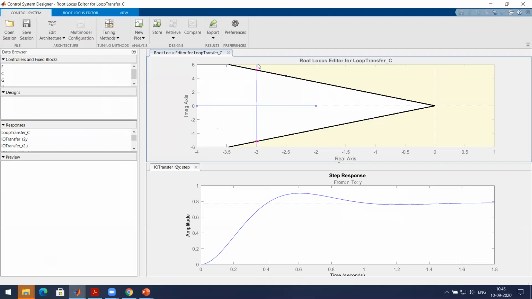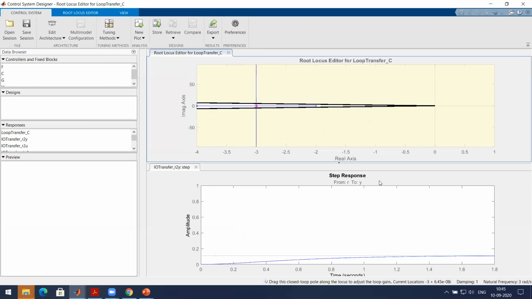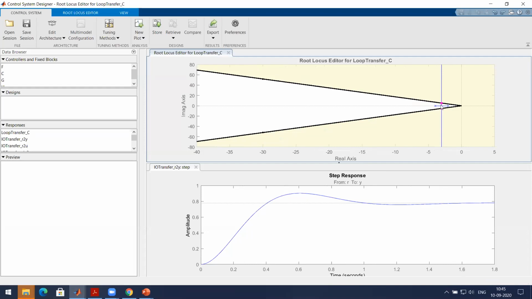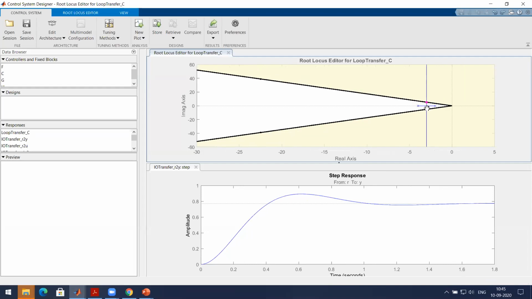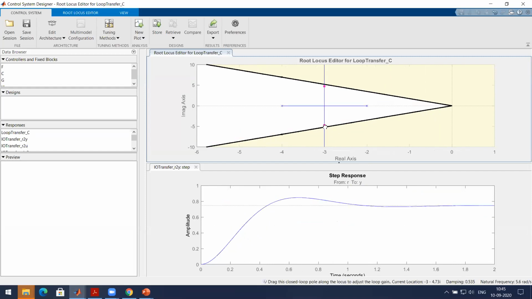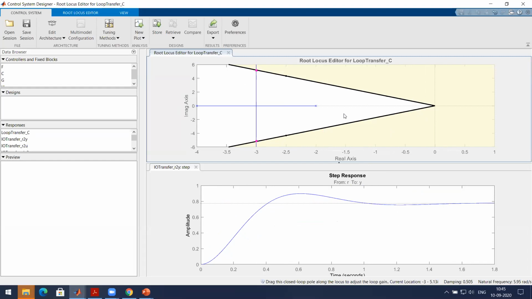If I click here on the bottom of the screen, you can see this thing damping, 0.505 it is.